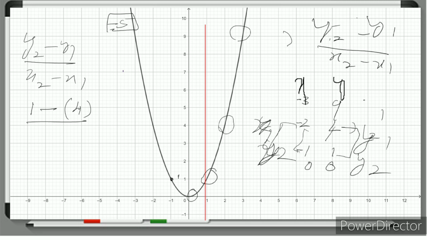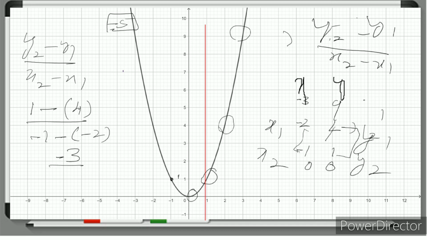I told x1 x2, but see here I have written something different, so you should be very careful, boys. Minus 2 is x1, minus 1 is x2, so x2 is minus 1, minus x1 which is minus 2, so 1 minus 4 will be minus 3.